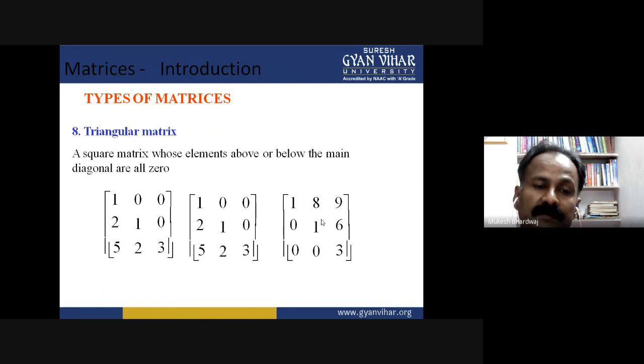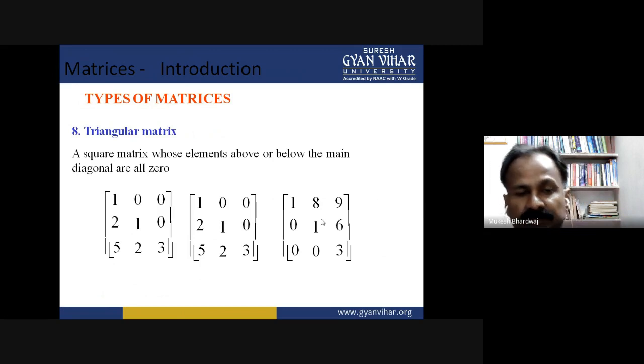That is, if I'm talking about the principal diagonal, either below the principal diagonal or above the principal diagonal, if the elements are 0, then that is known as a triangular matrix. It is of two kinds: upper triangular matrix and lower triangular matrix.